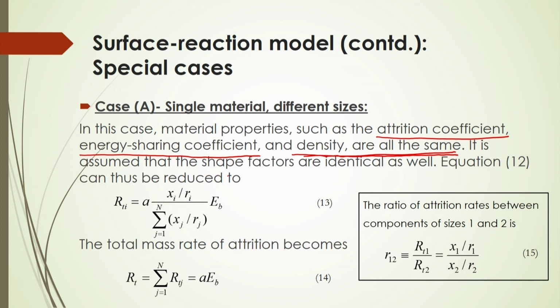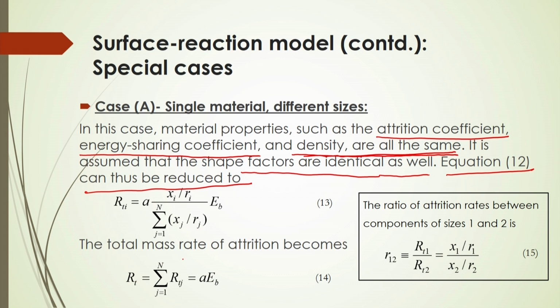It is assumed that the shape factors are identical as well. So equation 12 can be reduced in a very simple way: if the sharing coefficients are the same, then A will be one value, and x i by r i, with j equal to 1 to n, x j r j into E b.